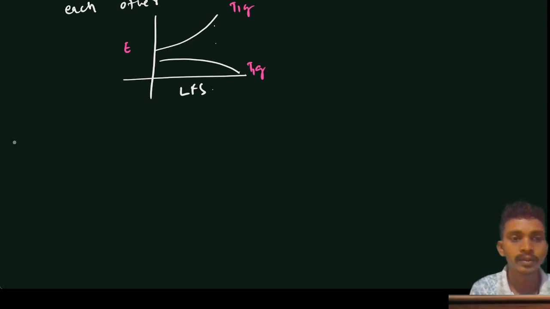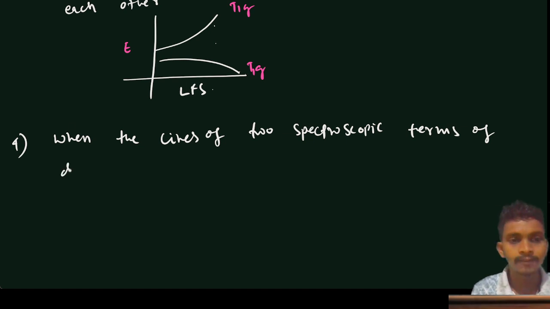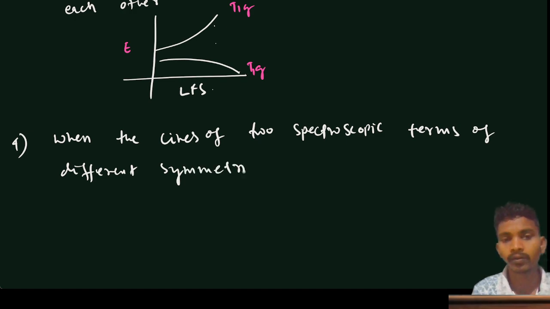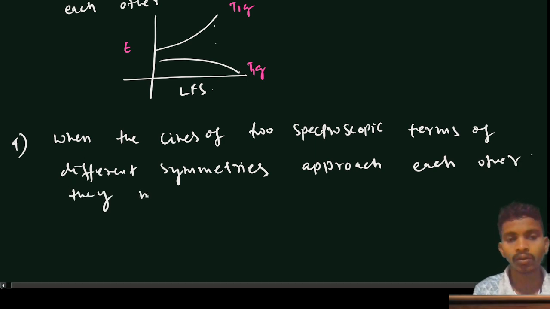And the next point is, when the lines of two spectroscopic terms of different symmetries approach each other, they may cross each other.